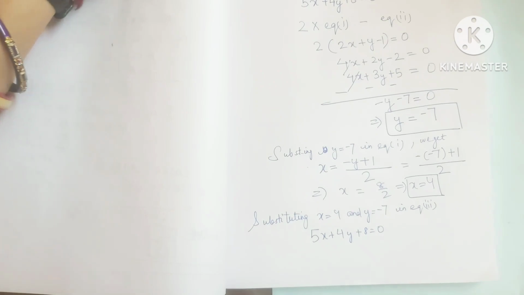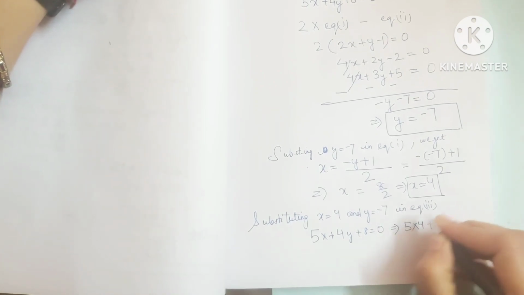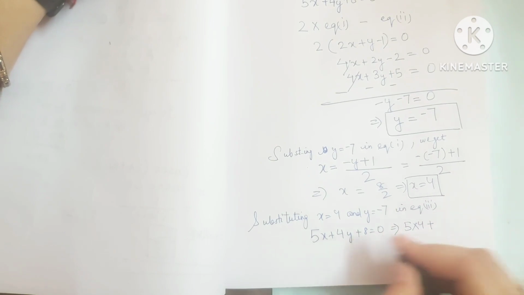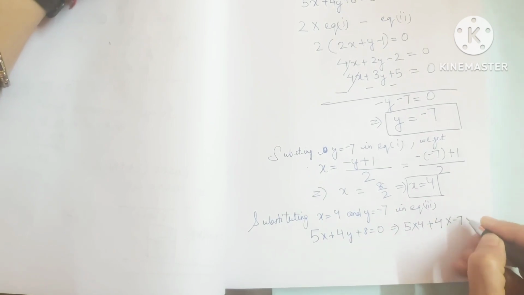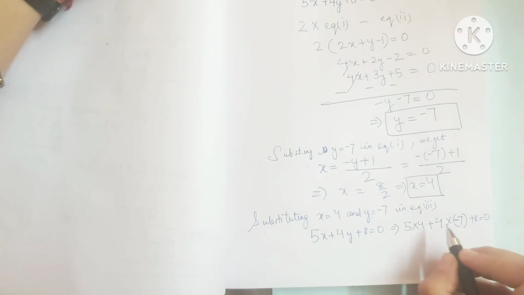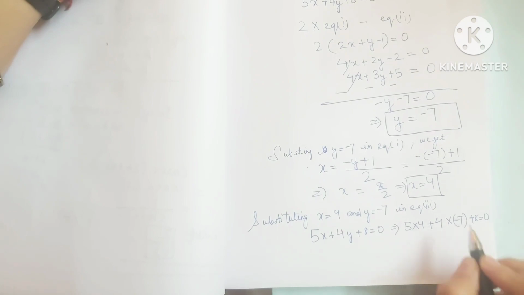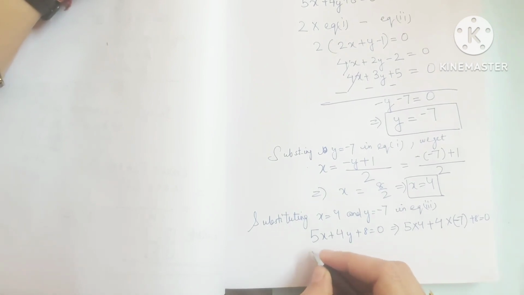This is the equation. Here I put first the x value here, 5 into 4, plus 4 into minus 7 plus 8. Okay. If left hand side equal to right hand side, it means these values x and y satisfy this equation, right?